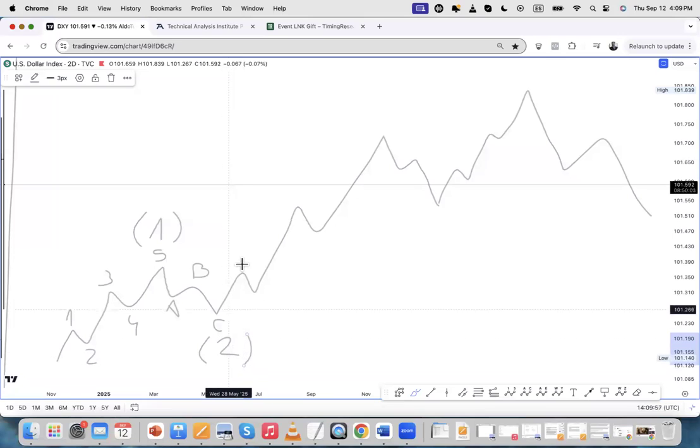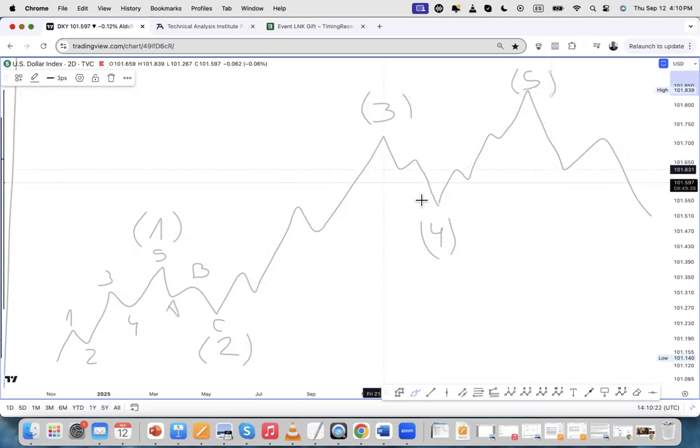And then we have these 5 waves again, which makes the 3rd wave here also in parentheses. And then we will have the 4th wave right here in parentheses as well, and the fifth wave here, which is the last wave.